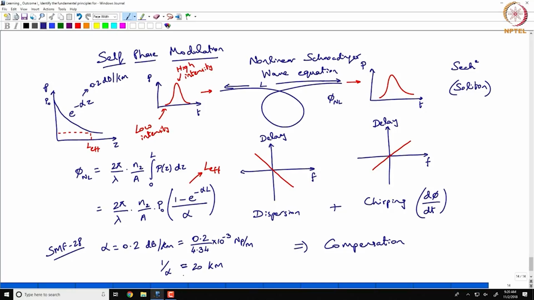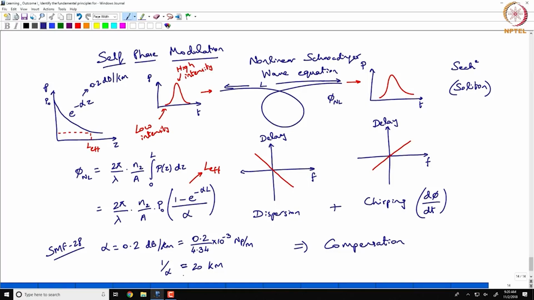So what we are saying is it's accumulating this nonlinear phase over 20 kilometers, but beyond that the power level is so low that no nonlinear phase is accumulated.